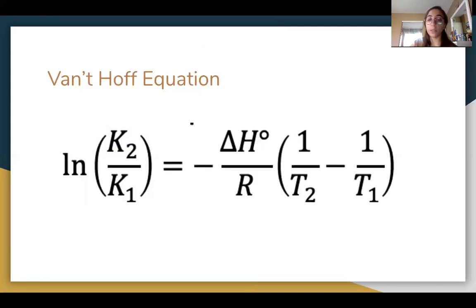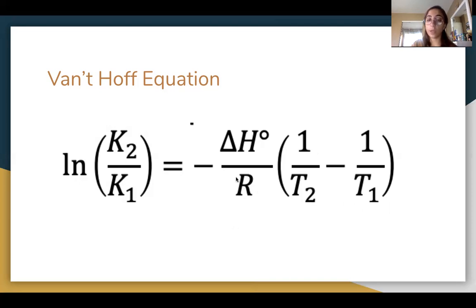So that leads us to the Van't Hoff equation, which is temperature dependent because we have two different temperatures here, initial and final temperature. All that Professor Tang said is that you just need to look at the variables and be able to plug them into the equation. You're not expected to memorize the equation. Always know that R is a constant.